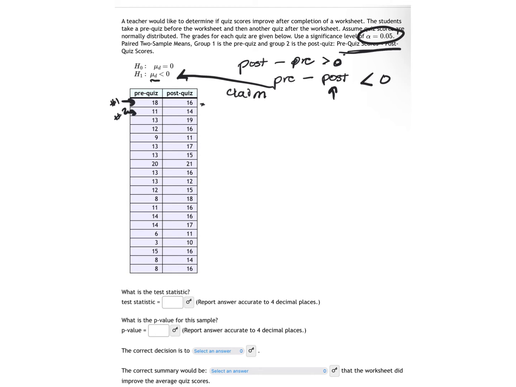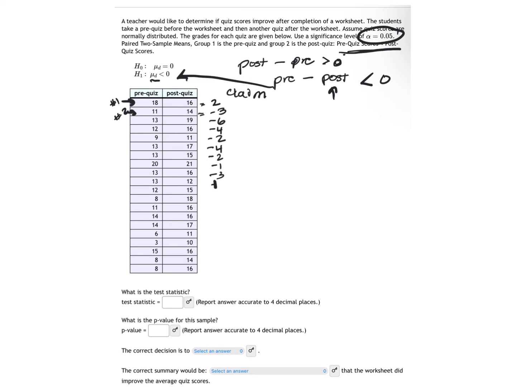So if I do this, pre-test minus post-test, it's 2, and then this, 18 minus 16 is a positive 2. 11 minus 14 is a negative 3. Negative 6. Negative 4. Negative 2. Negative 4. Negative 2. Negative 1. Negative 3. 1.